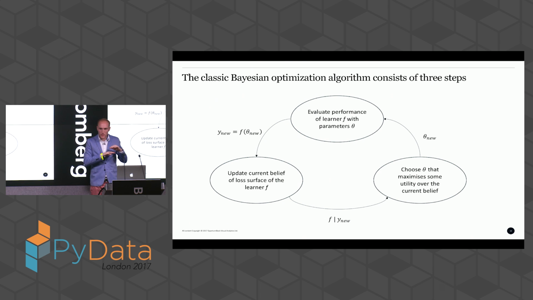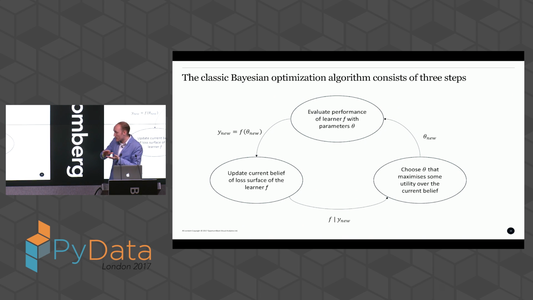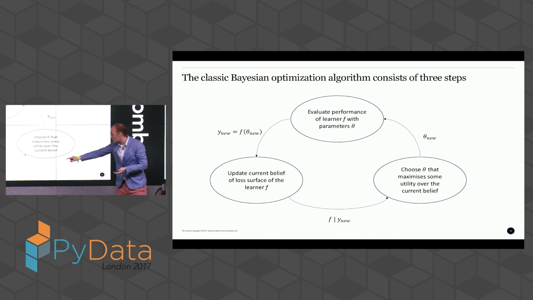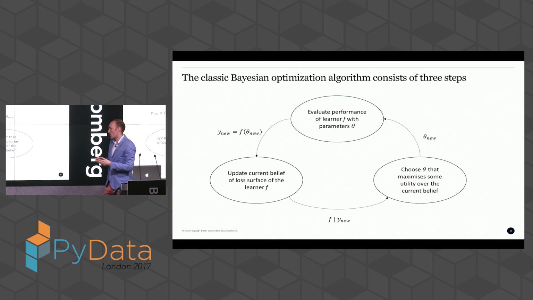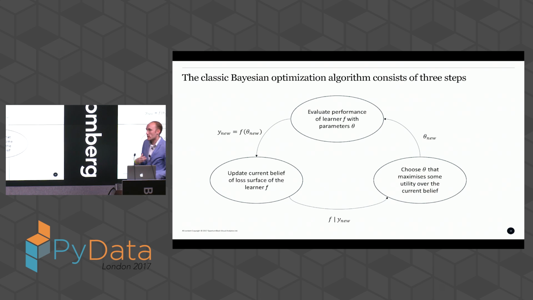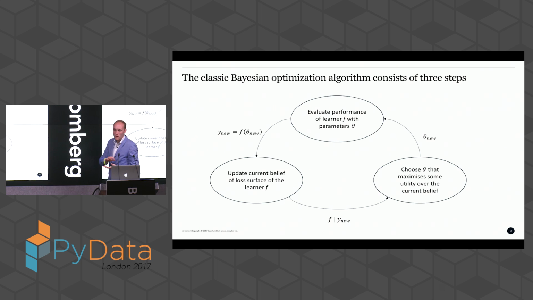Here I haven't evaluated a lot of points yet, so maybe it might be worthwhile to evaluate some points there as well. So given our updated belief, we are going to pick a new value for the hyperparameters to evaluate. And the way we do that is we maximize some kind of utility function over this belief that we have.